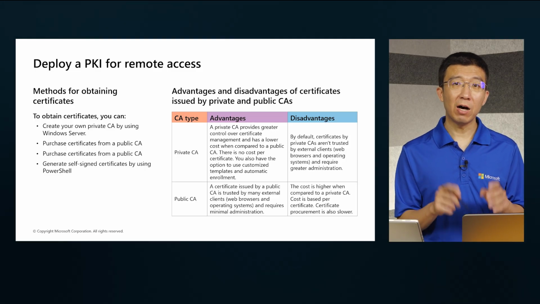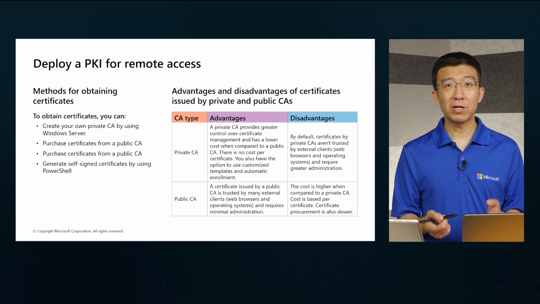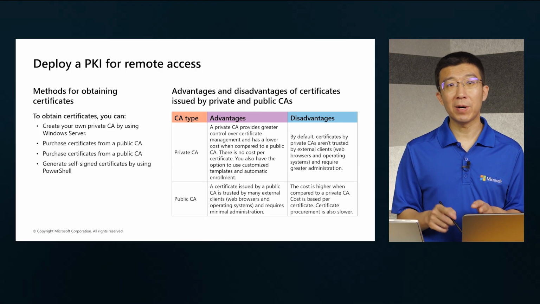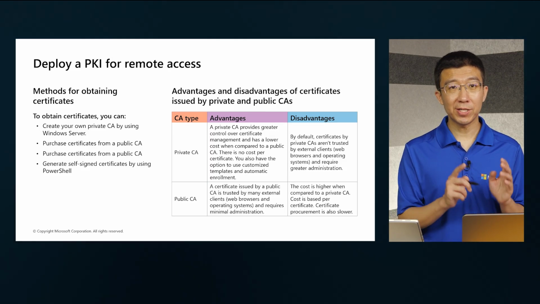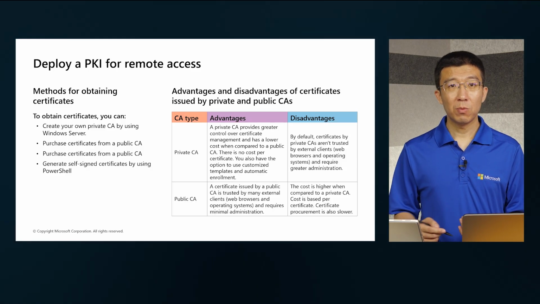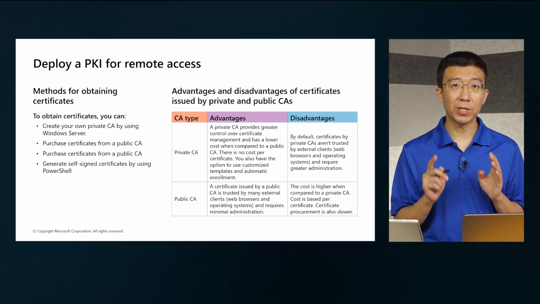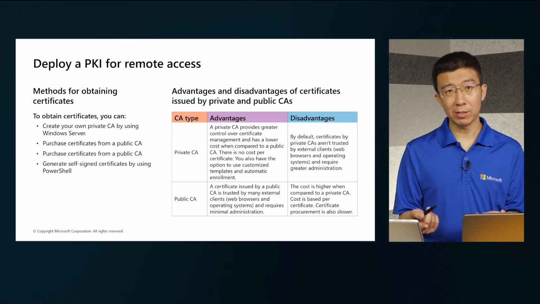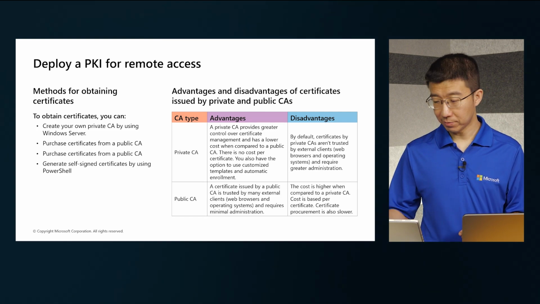Private CAs offer greater control and lower cost, but their certificates aren't trusted by external clients by default. Public CAs are widely trusted but more expensive. When planning PKI, consider how certificates will be used, who needs them, and whether automatic enrollment is required.